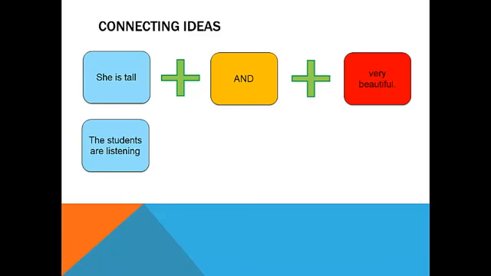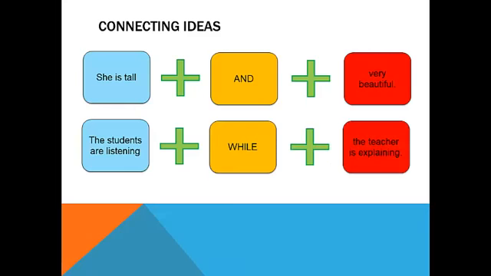Let's continue with more examples, and here we have the students are not listening. Un ejemplo que ya habíamos visto anteriormente. The students are listening while the teacher is explaining. Si yo digo the students are listening, los estudiantes están escuchando esta vez.